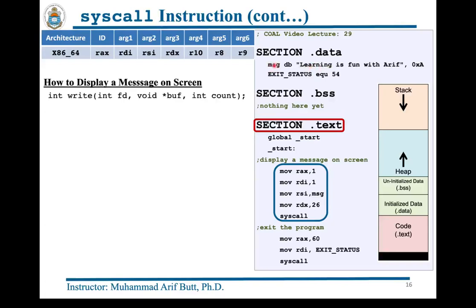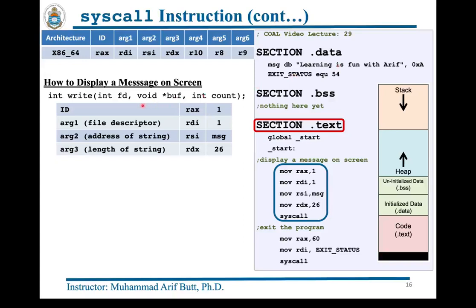So this is actually the system call that I have written in C syntax that we want to call. This write system call is passed 3 arguments. The first is the file descriptor. The second is the buffer in which the data is. And the third is the count, that is the length of this string.